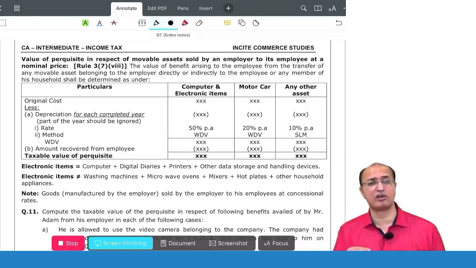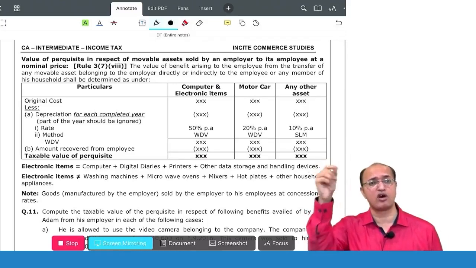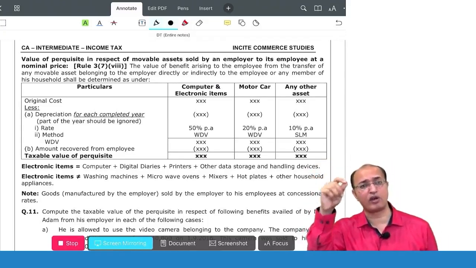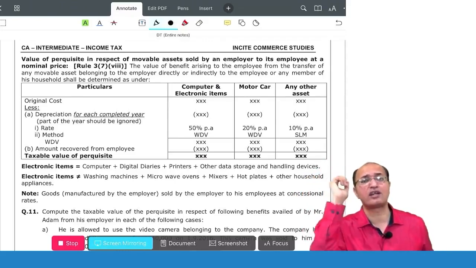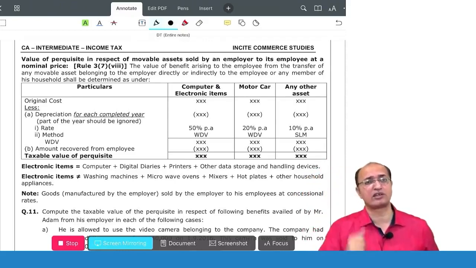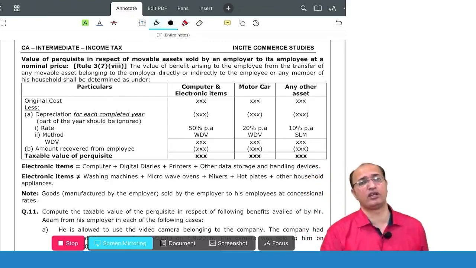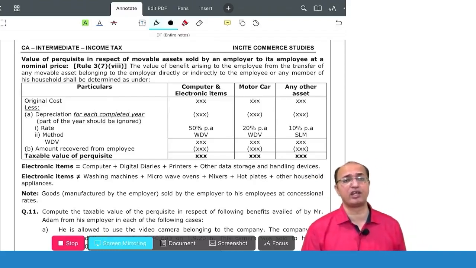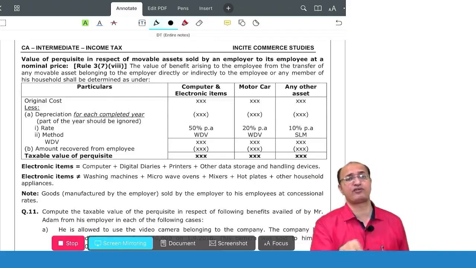And in that working note, you pick up the original cost of an asset. From that original cost, you go on deducting the depreciation right from the first year in which the asset was acquired, till the year of sale. During the year of sale also, you calculate the depreciation from the beginning of the year up to the date of sale.